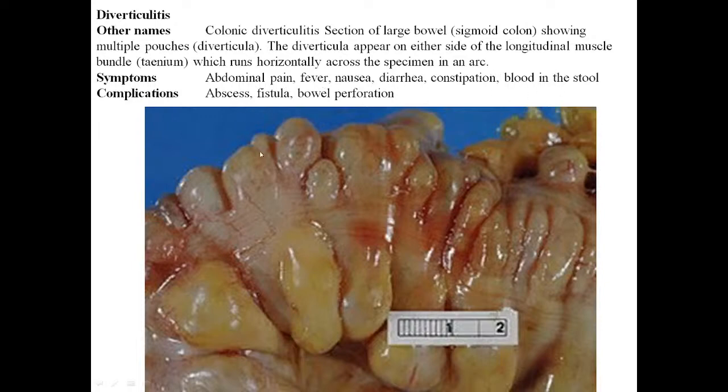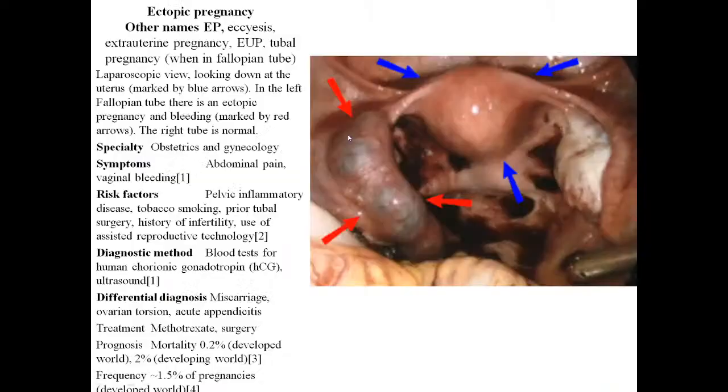Complications of diverticulitis are abscess, fistula, and bowel perforation. When the walls of these diverticula are thin, it can lead to bowel perforation.